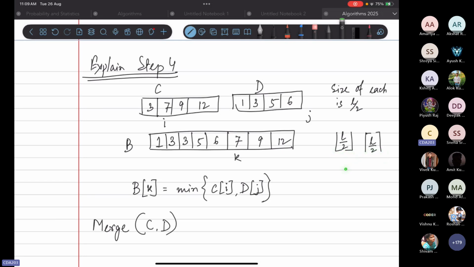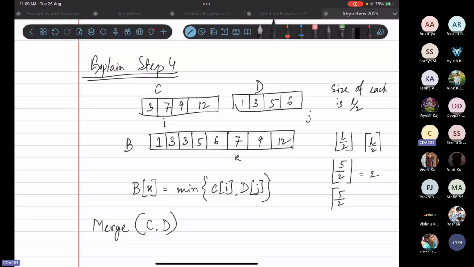Suppose L is 5. What is this? These are called the floor function and the ceiling function. This one is the floor function. It's just the maximum natural number not exceeding 5 by 2. That's 2.